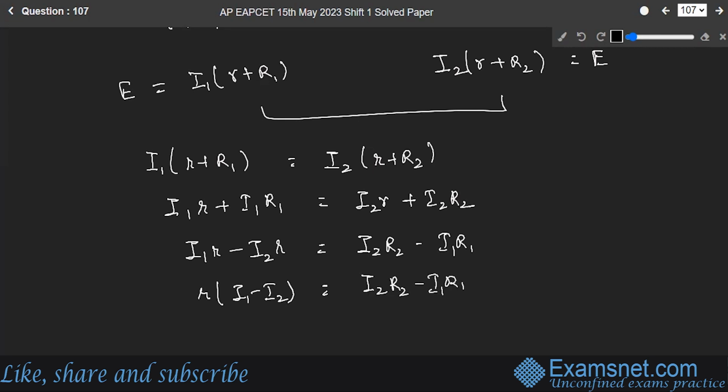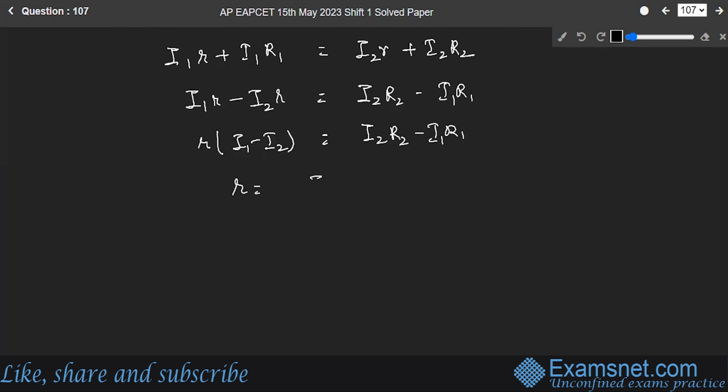So the internal resistance is (I2 R2 minus I1 R1) upon (I1 minus I2). So this is the answer to the question.